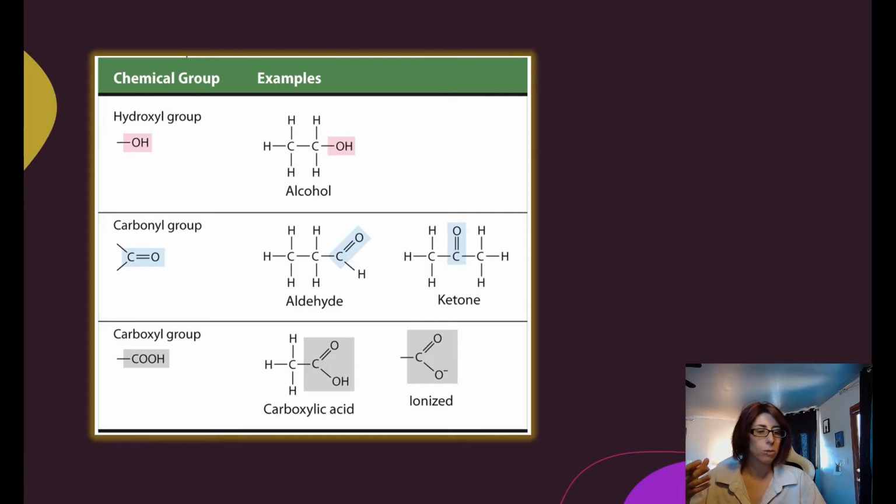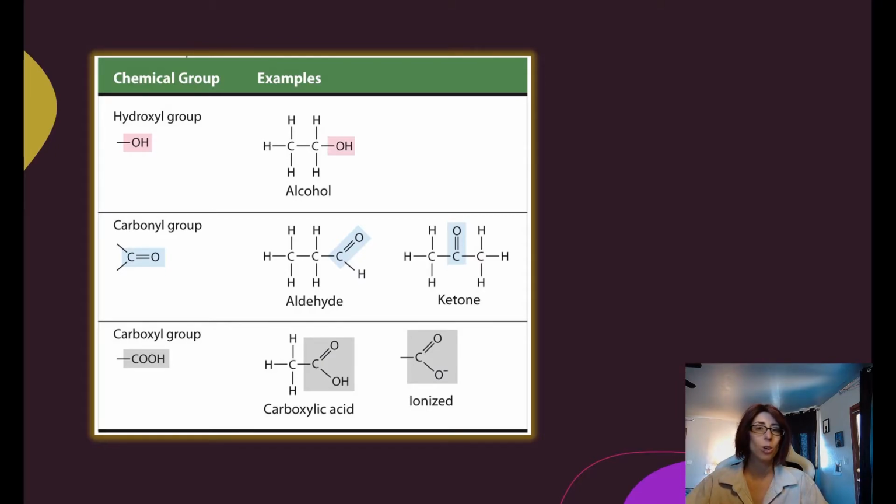But I want to point out now that one of the most important things to determine about a functional group is whether it is hydrophilic, water-loving, or hydrophobic, because that is going to really dictate a lot about how a molecule behaves, whether it has hydrophilic or hydrophobic functional groups. Because remember, hydrophilic things can dissolve in the water of the cell.